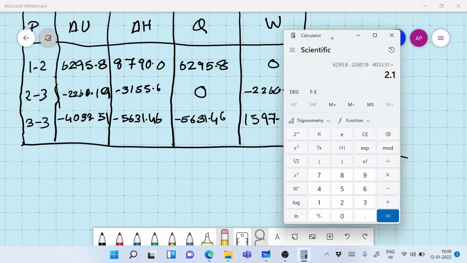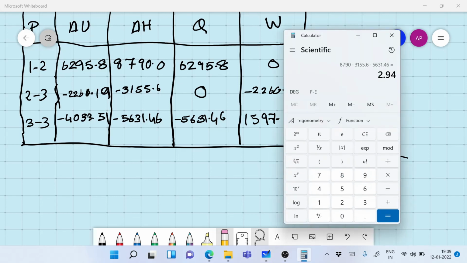Now let's do the calculation for delta H. 8790 minus 3155.6 minus 5631.46. As you can see, the order of error is same. It's 2.94 and here it was 2.91.